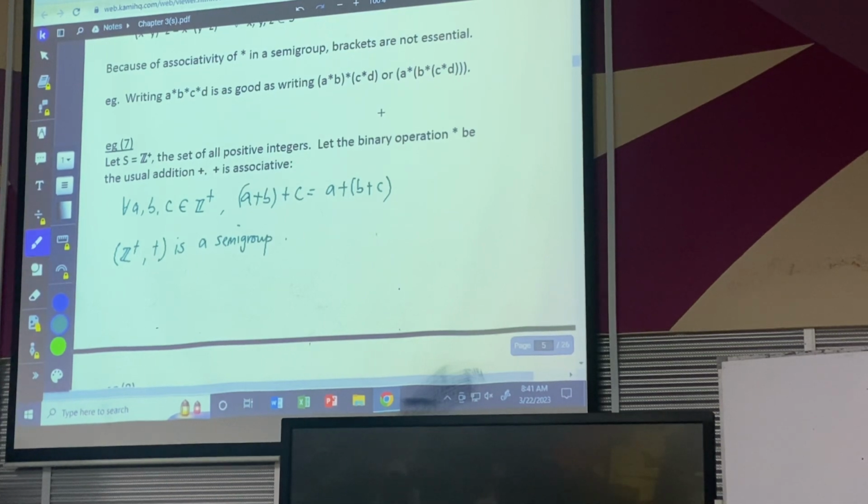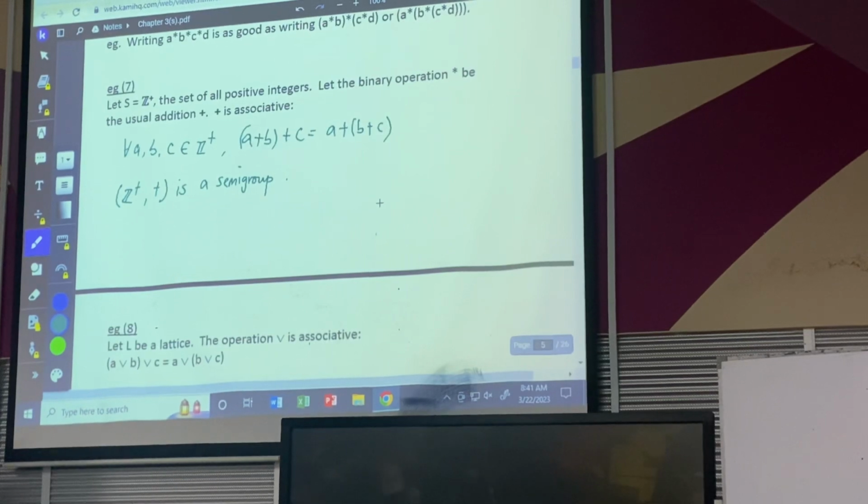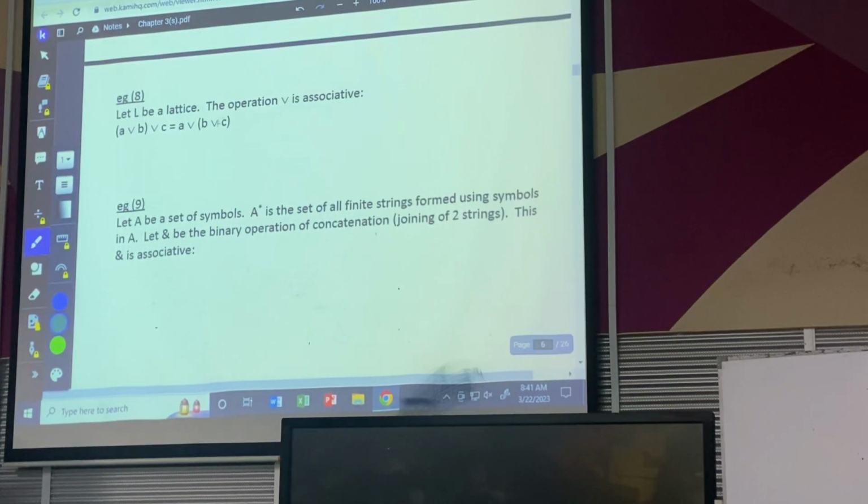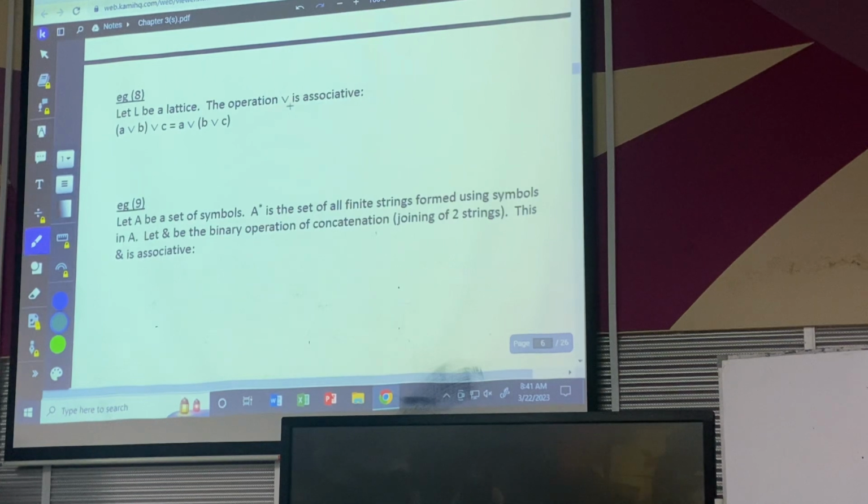Okay, so this is the method. How do we show that it is a semigroup? Now, another example: L is a lattice. If the set L given now is a lattice, we need to show that the operation OR is associative. Then only we can say that this set is a semigroup.